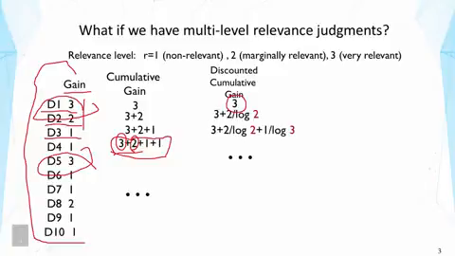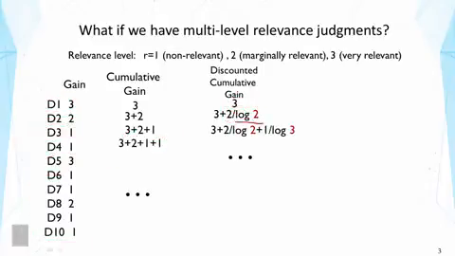But the second one will be discounted a little bit because there's a small possibility that the user wouldn't notice it. So we divide this gain by the weight based on the position. So log of 2, where 2 is the rank position of this document. And when we go to the third position, we discount even more because the normalizer is log of 3, and so on and so forth.